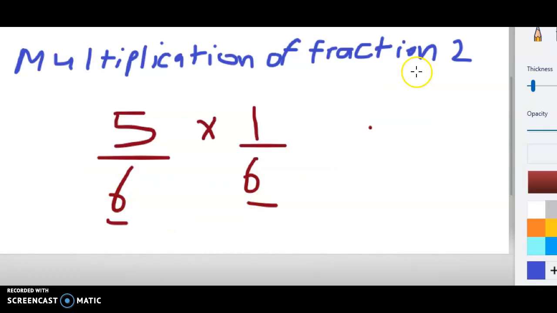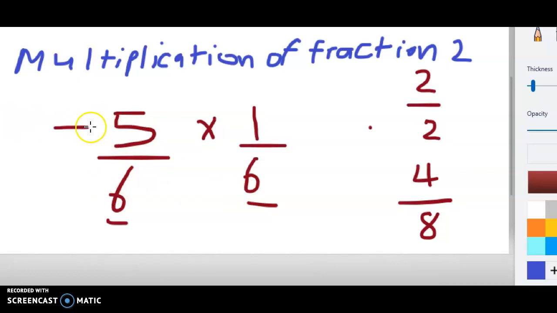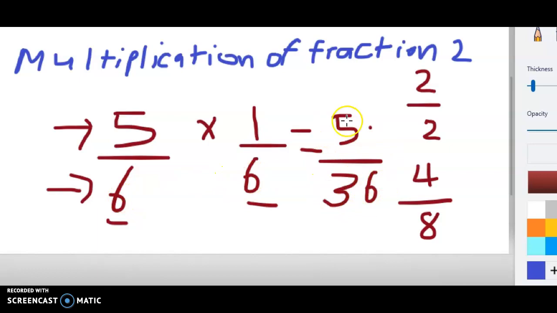No. Remember, simplification can only happen if there is a numerator and a denominator, this way or this way. We cannot simplify this. So we just multiply the numerators: 5 times 1 is 5. Then we multiply the denominators: 6 times 6 is 36. We cannot simplify 5 over 36, so we have 5 over 36 as the answer.